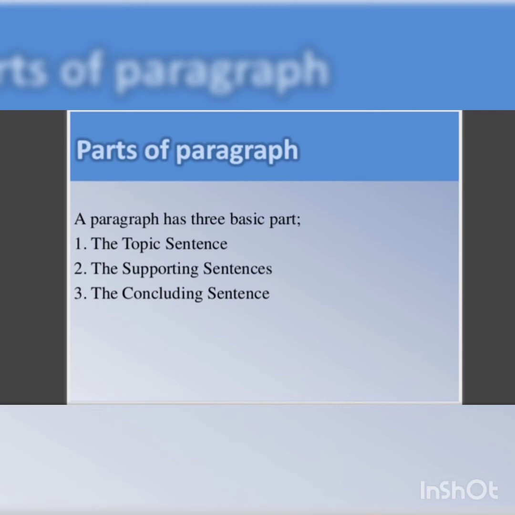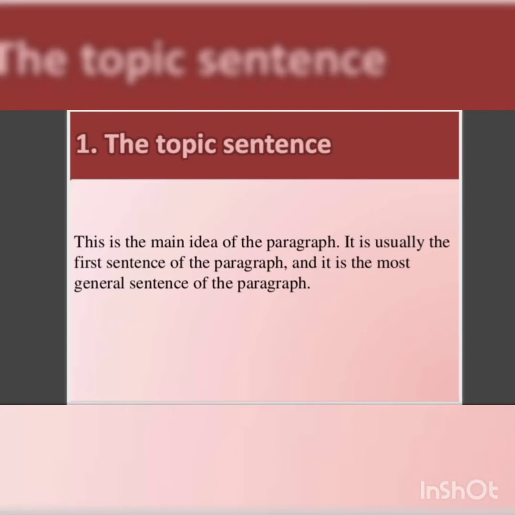And the third and the last one is the concluding sentence. What is a concluding sentence? The concluding sentence gives us the overall gist of the paragraph which we are writing, and while writing this, we can end our paragraph.